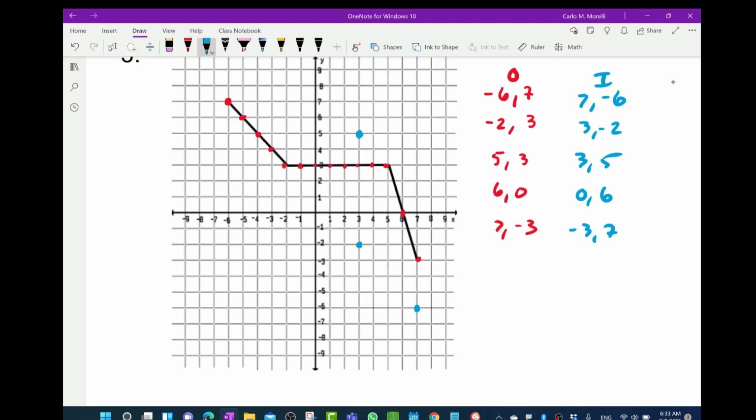The x's repeat, so it's not a function, but that doesn't matter. 0, 6 is here, and negative 3, 7 is here. Okay.